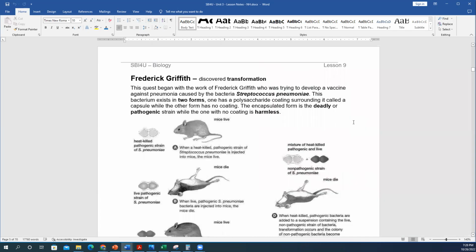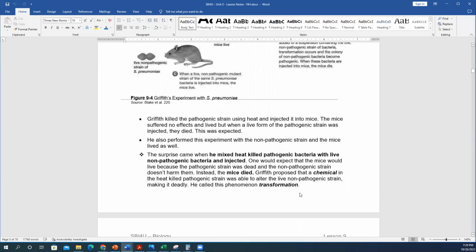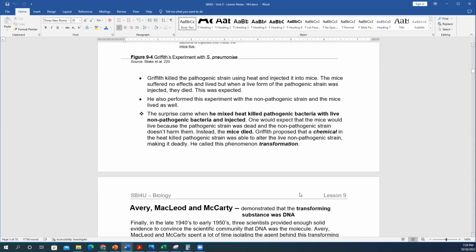We looked at the works of Griffith and how he discovered transformation, how you could have a mixture of heat-killed pathogenic strain mixed together with a non-pathogenic strain, and you could get transformation still. Where the heat-killed pathogenic bacteria would mix together with the non-pathogenic bacteria and still be able to kill these mice.